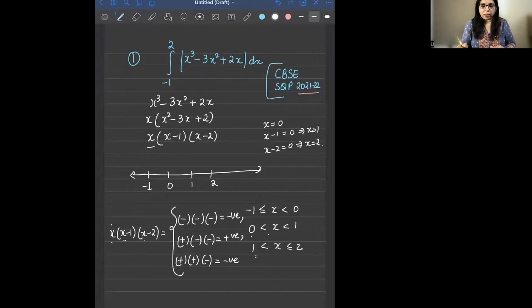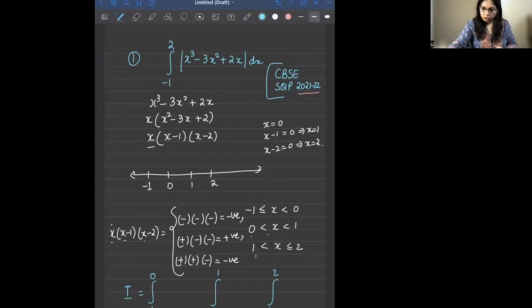That means we can split the integral into 3 integrals. First integral is from -1 to 0. Second is from 0 to 1. Third is from 1 to 2. So answer of first and third integrals are negative while the second integral is positive.